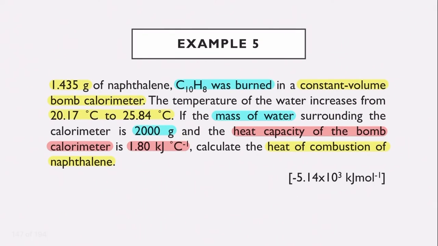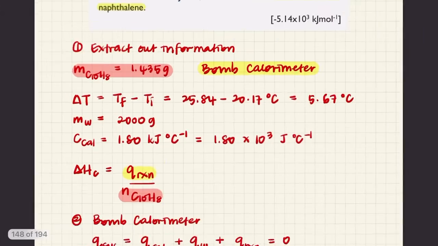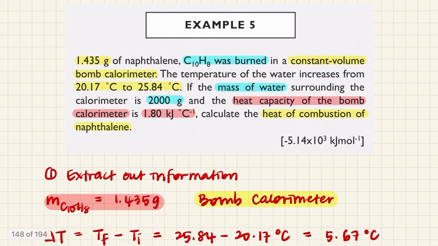Alright, so for example 5, let's look at this example. 1.435 grams of naphthalene, this is your substance, mass of substance, C10H8, was burned in a constant volume bomb calorimeter. So we know that this is bomb calorimeter. Automatically we know which formula to use.